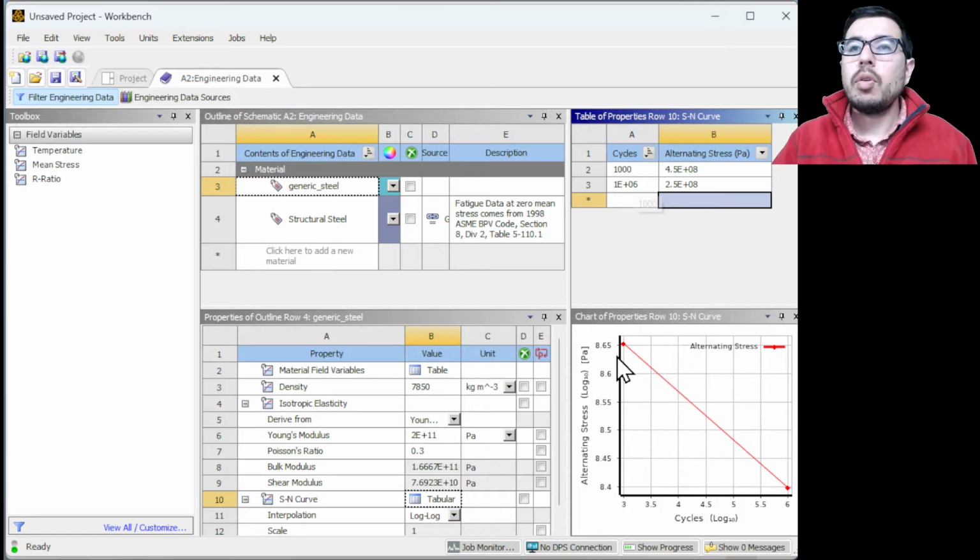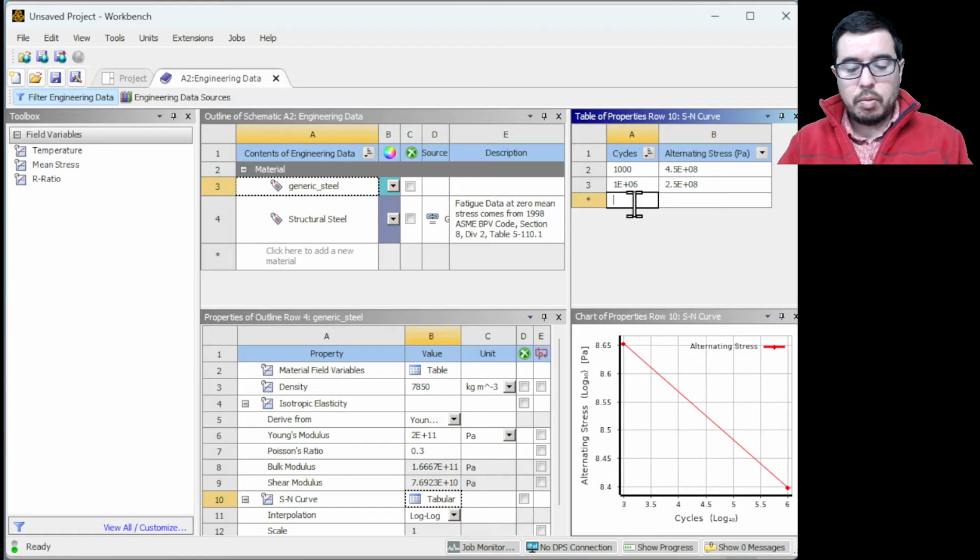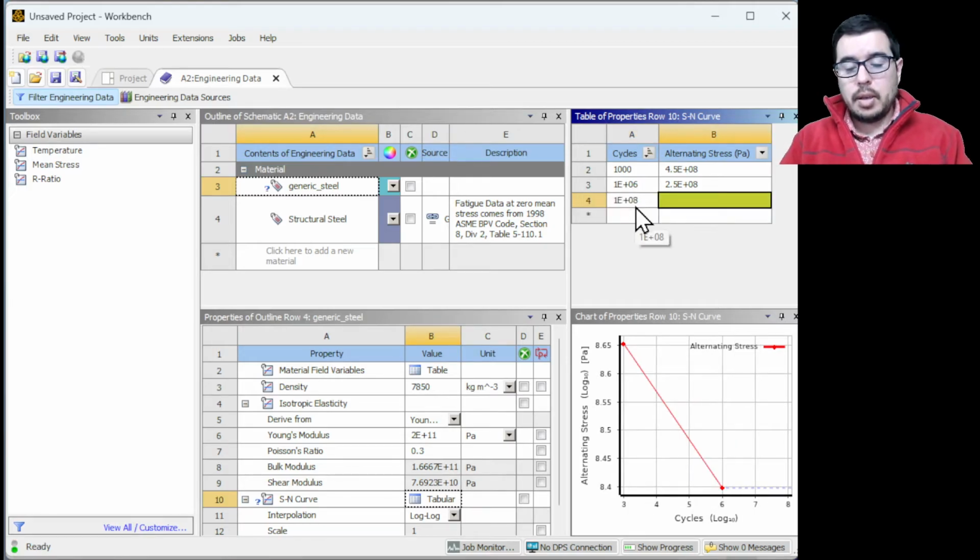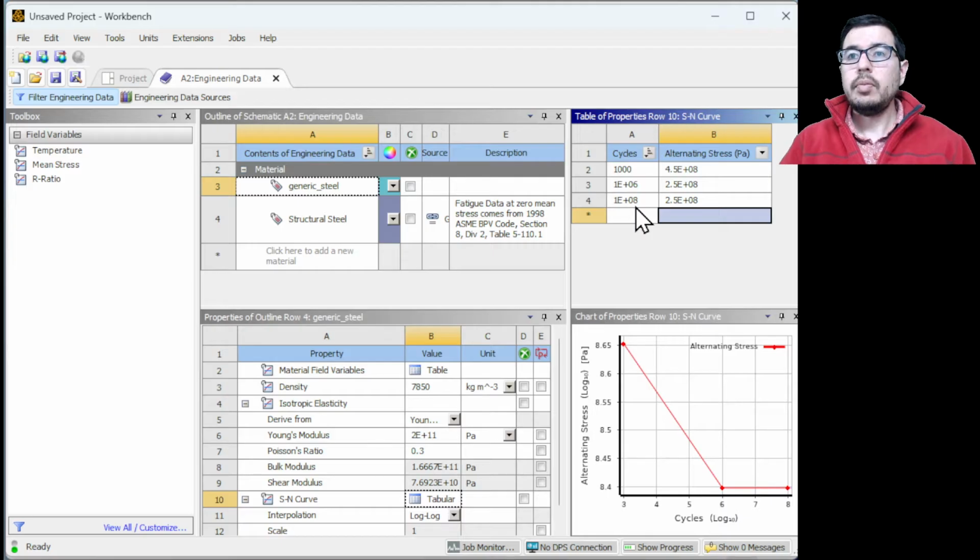Now, for this plot here, we could put down, for example, 1 E8, and then we can put in the same value again. But it doesn't really matter for this analysis.